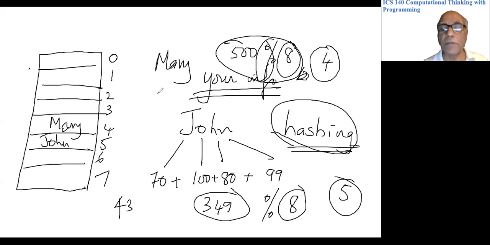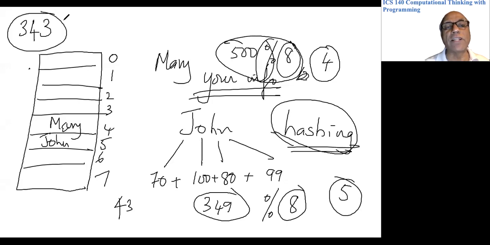In fact, if you look at one of the examples in the D12 site, suppose you have a number like 343, and suppose that is the number of cents that you have to come up with, and you have to come up with the minimum number of coins that make up these many cents.